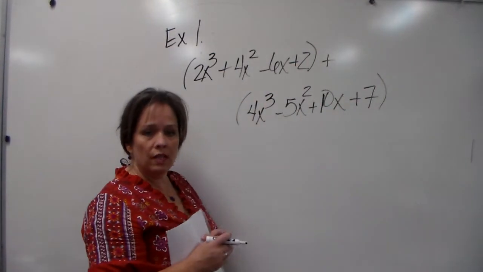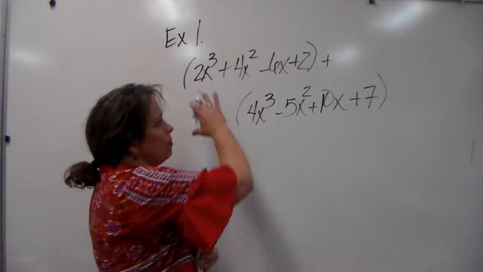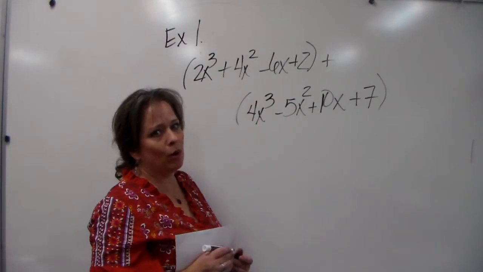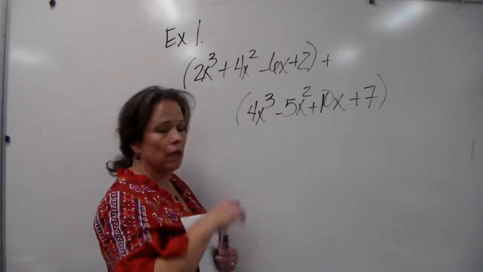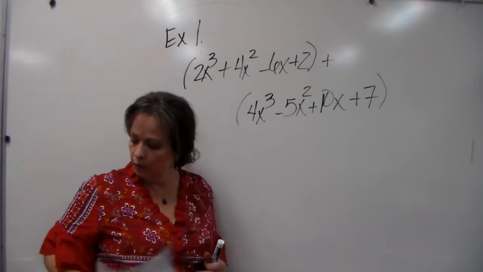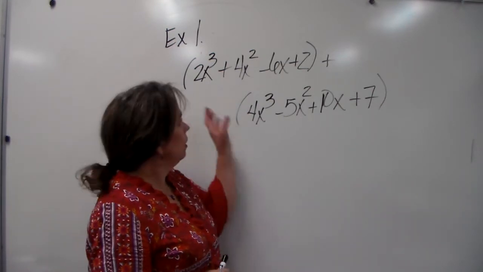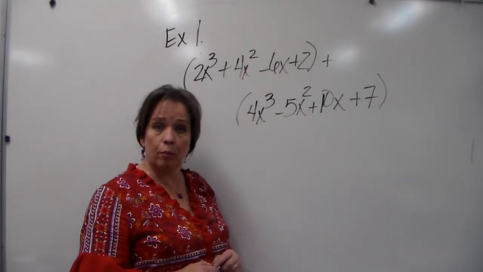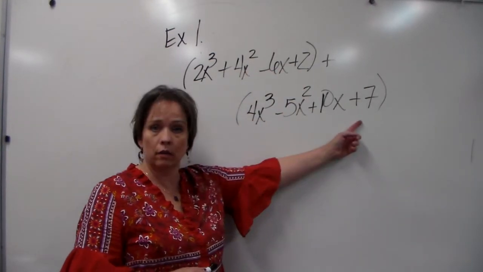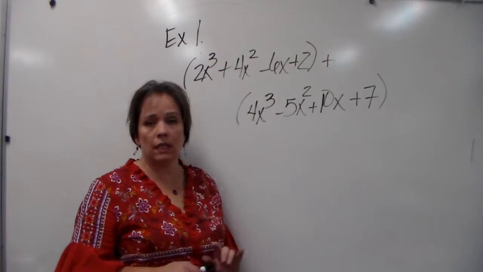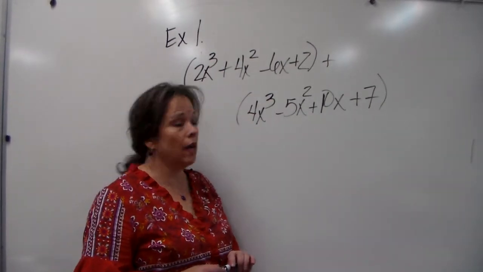Okay, so this is our first example. I moved that second parenthesis down. It's in a line on your paper. And what I want you to notice is that we have two polynomials here. We have this first one, and it's in parentheses, and a second one here. In between those parentheses, there's an add, okay?